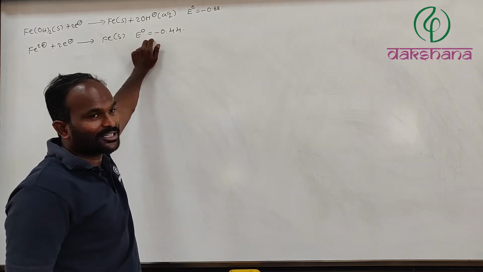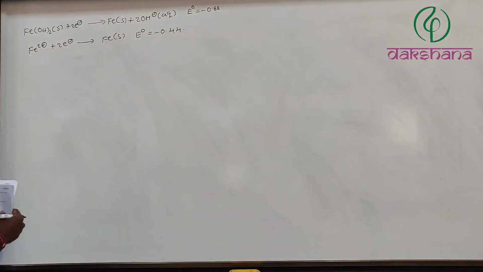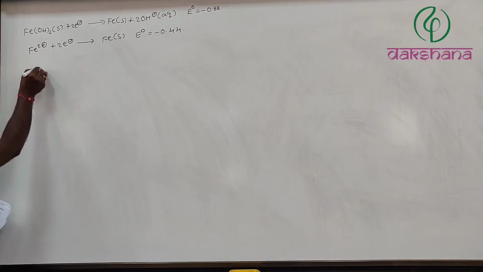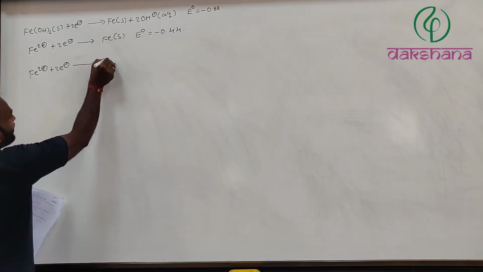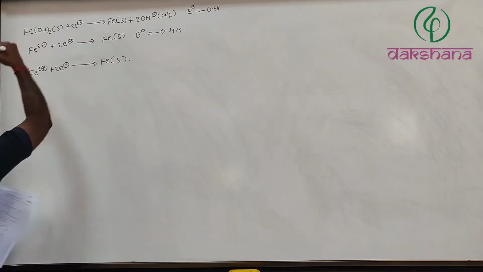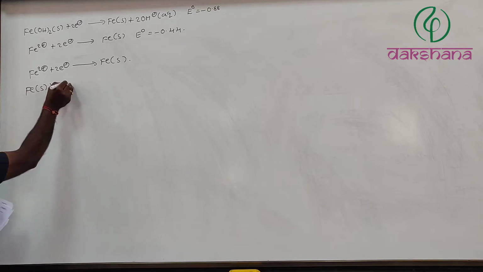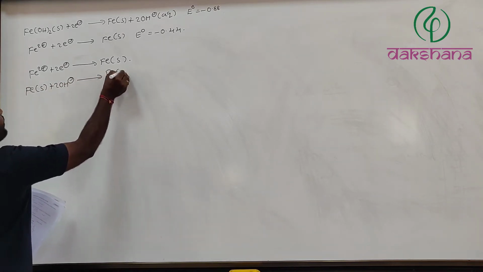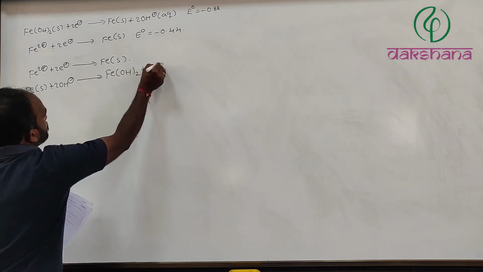Therefore this can undergo reduction and it will undergo oxidation. So on that basis, if we take this reaction, Fe plus 2 electrons gives rise to Fe solid, and reverse that reaction, Fe solid plus 2OH minus gives rise to Fe(OH) taken twice plus 2 electrons.